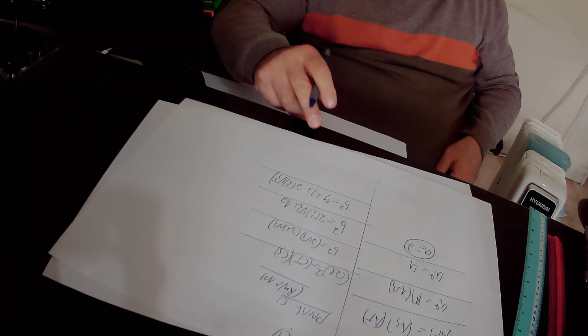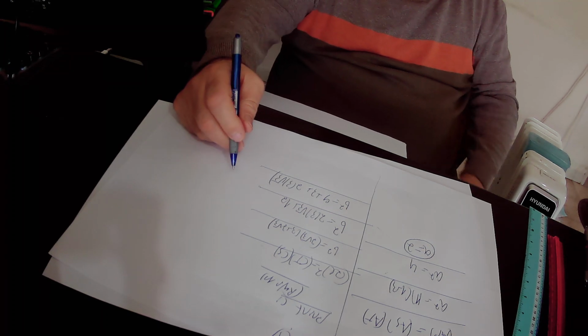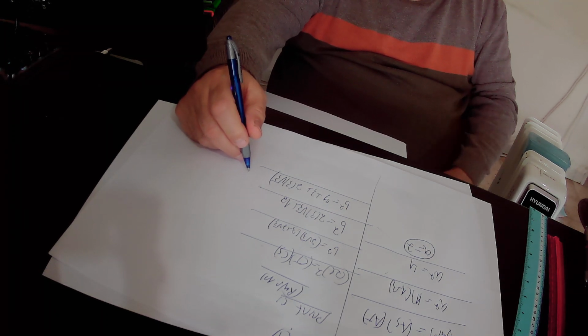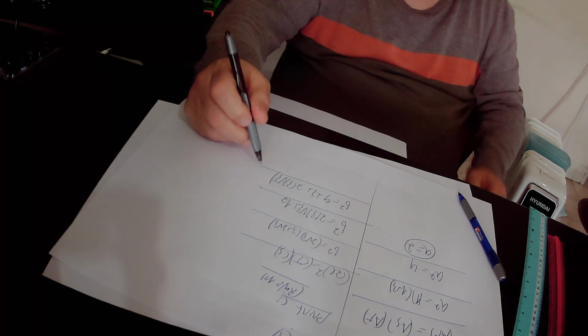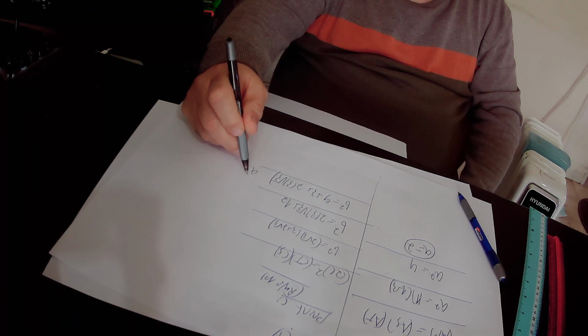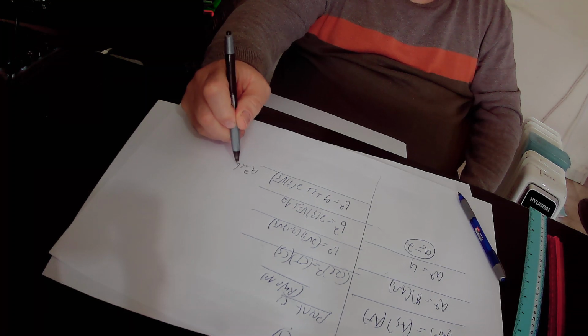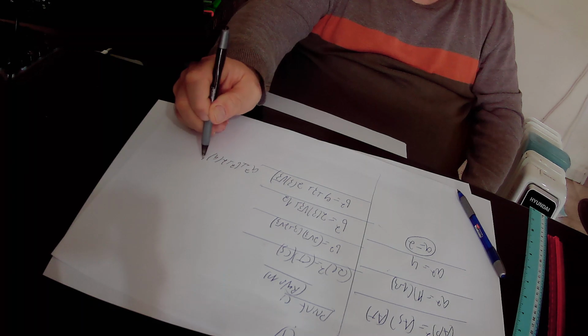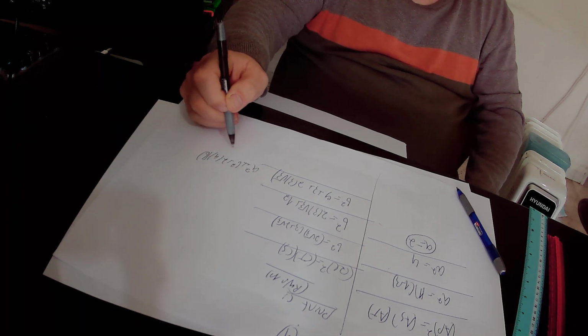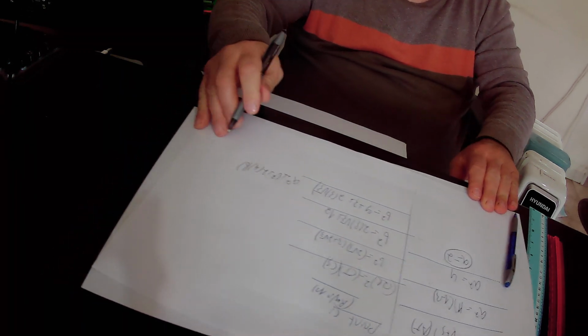So this equation is very similar to the algebraic identity that states that A squared plus B squared plus 2 times A times B equals (A plus B) squared.